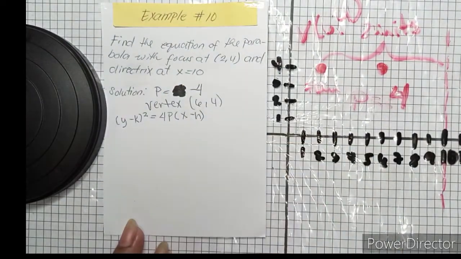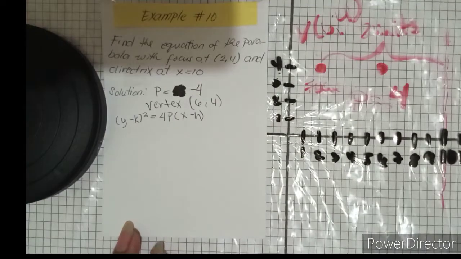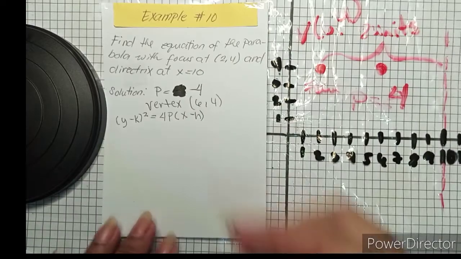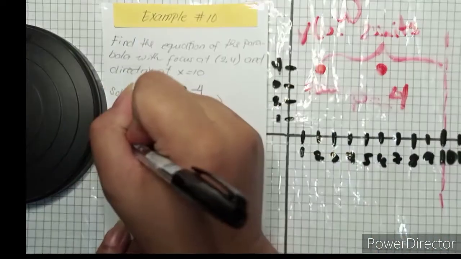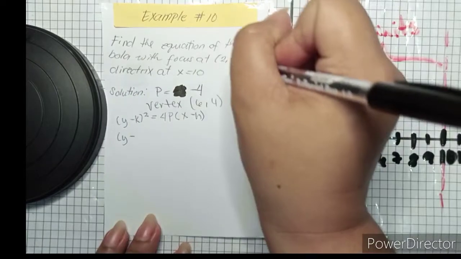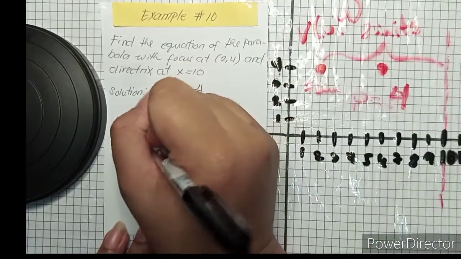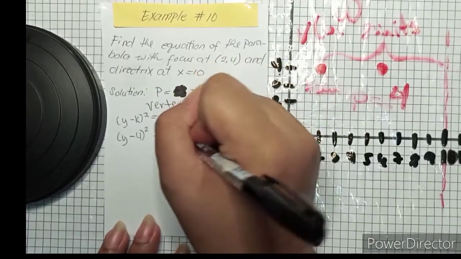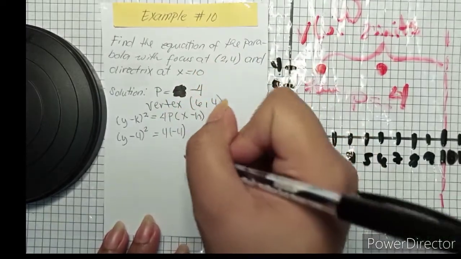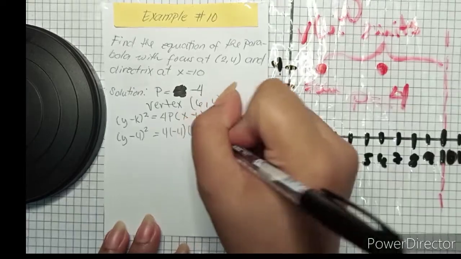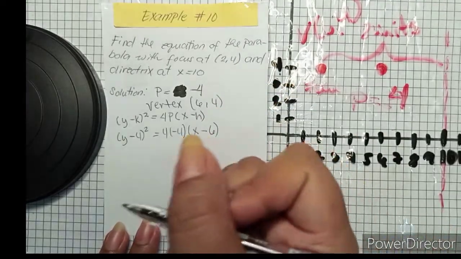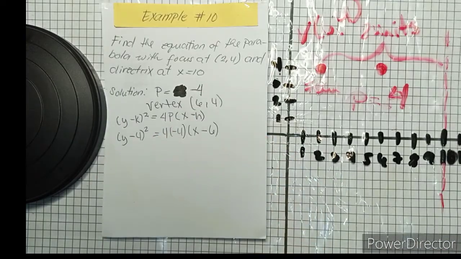Okay? So, substitute na natin dito yung ating value. Okay? So, ang ating k, so y is equal to k is 4. Then, yung p natin is negative 4. Then, x minus h is 6. Ang h natin. So, i-simplify na natin. So, dito muna tayo sa left side.